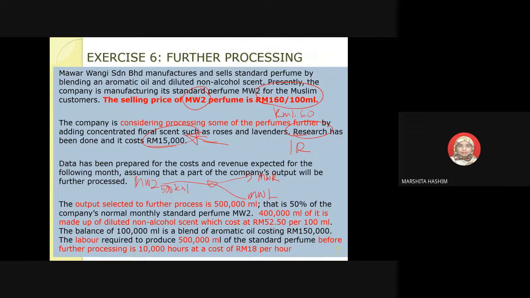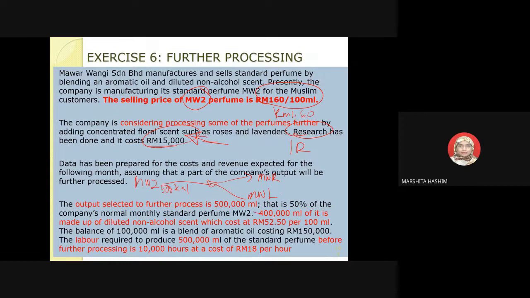Okay. 400,000 ml of is made up of dilute non-alcoholic scent which costs RM52.50 per 100 ml. Okay. The balance 100,000 ml is a blend aromatic oil costing RM150,000.